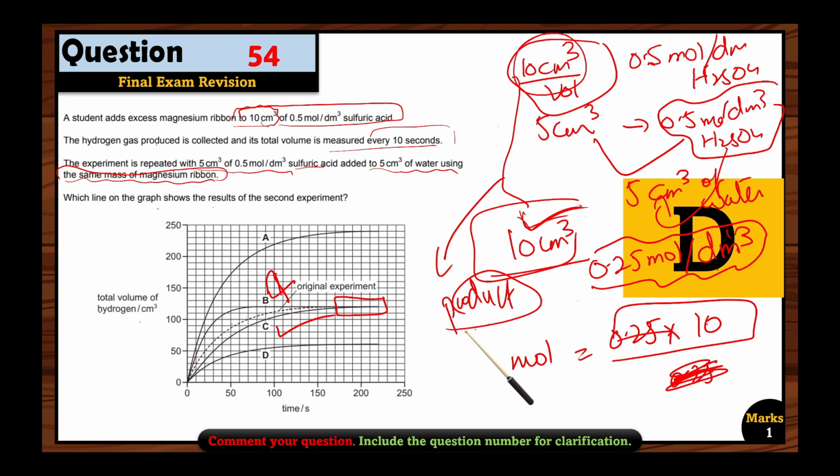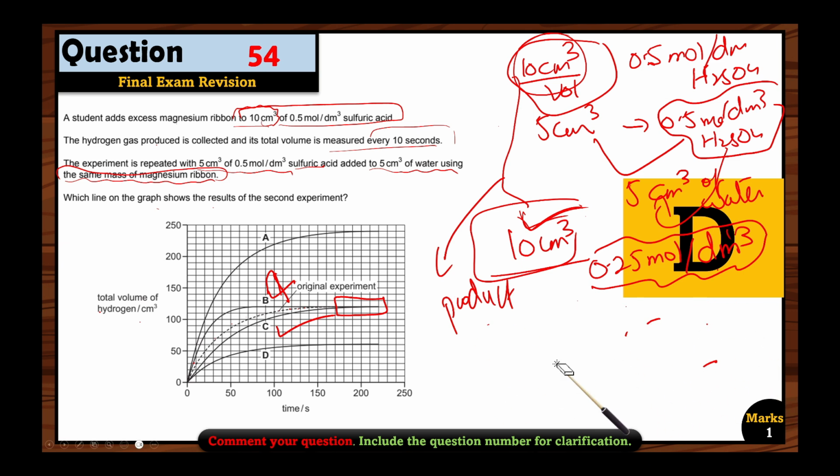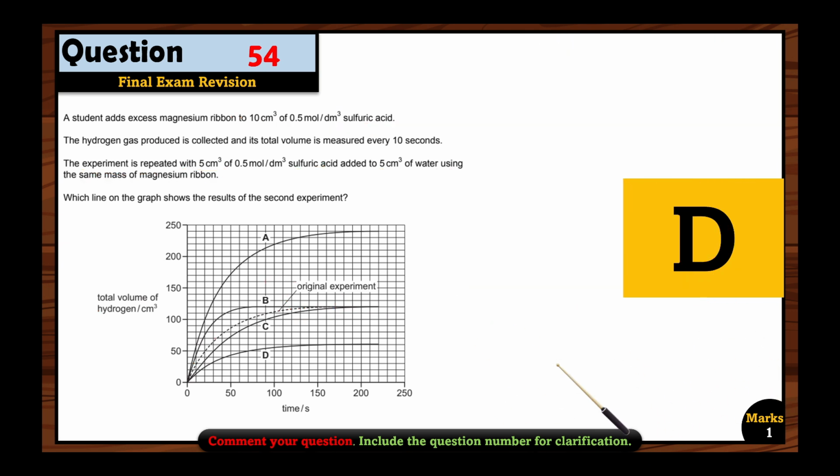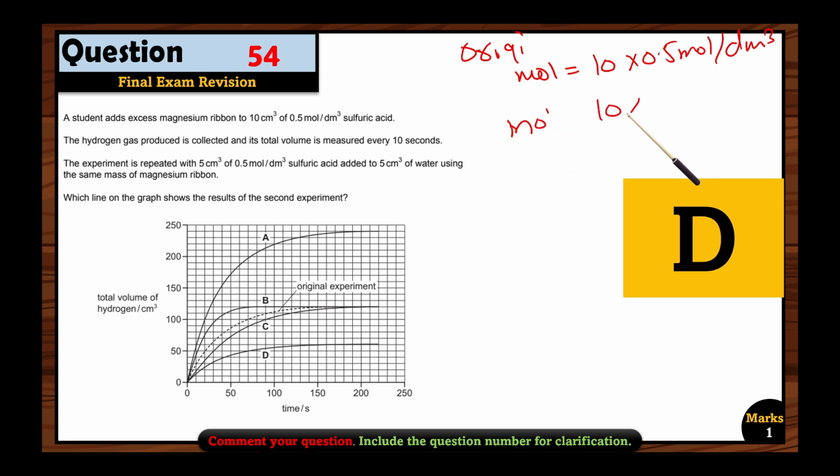Wait a minute, I can do this one again. The original experiment has 10 centimeter cube and 0.5 mole per dm cube. The second experiment has the same volume, 10, and 0.25 mole per dm cube.